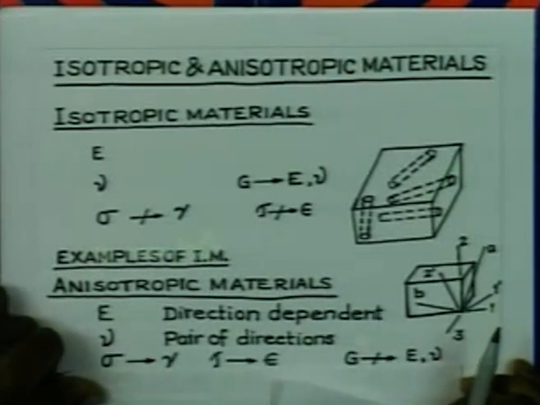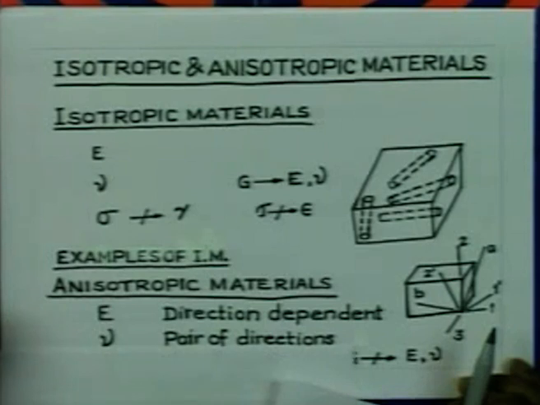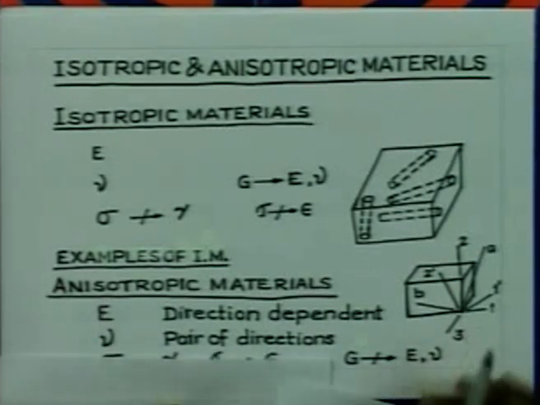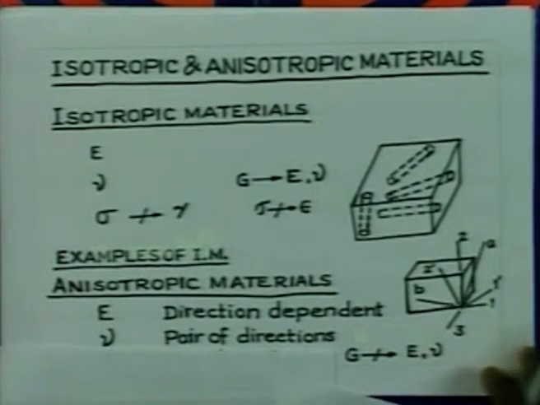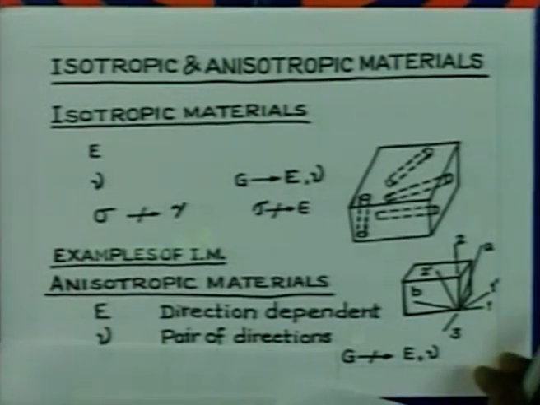And you find that the modulus of rigidity for such materials is not related to the modulus of elasticity and Poisson's ratio. So, unlike the case of isotropic materials, this G is not related to E and nu. It is an independent elastic constant.